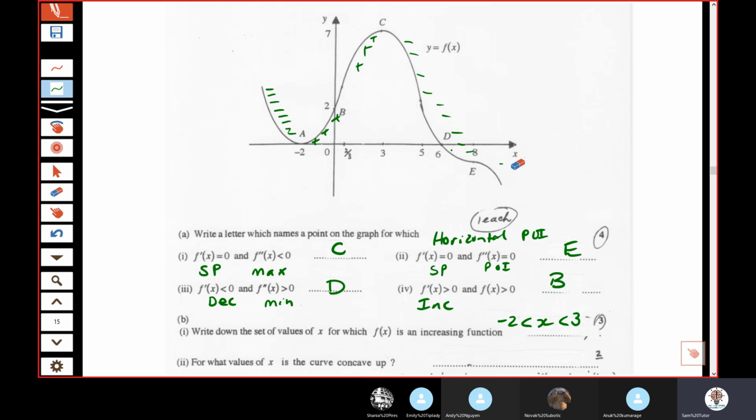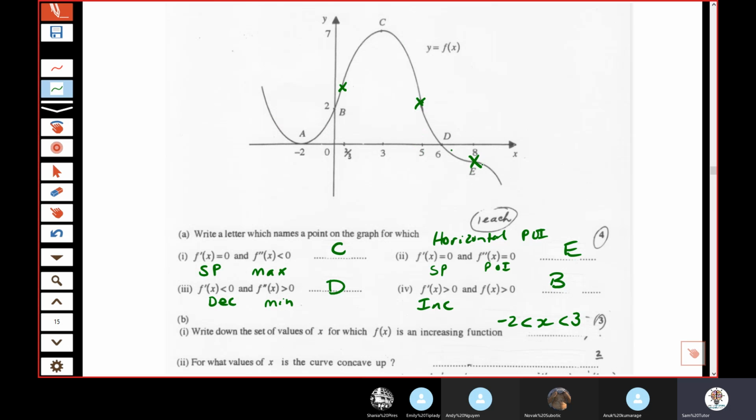Last, for what values of x is the curve concave up? When is the curve concave up? It's concave up here, happy. It stops being happy and then becomes sad. And then what happens here? It also changes and becomes concave up.